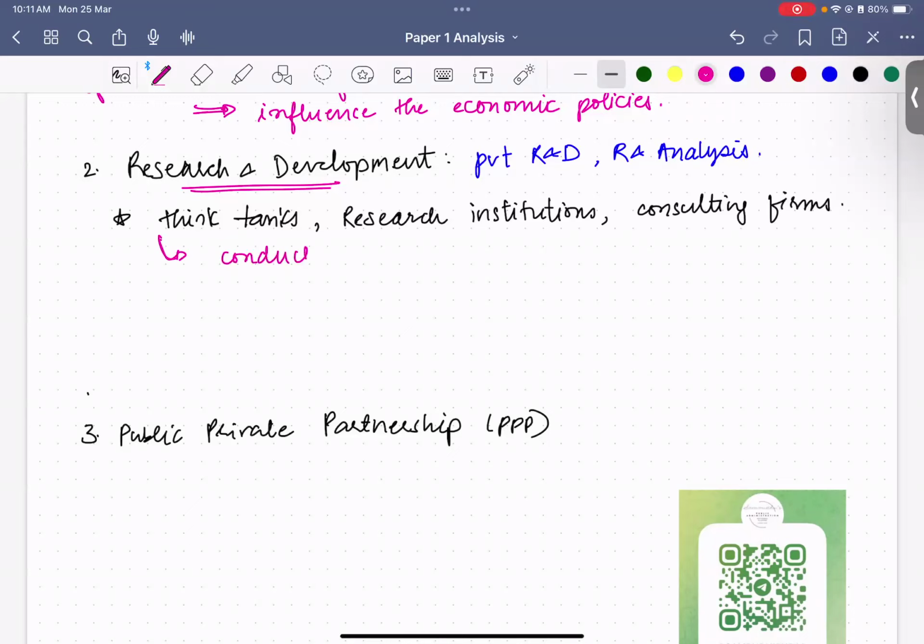Fourth is the corporate social responsibility, the CSR.